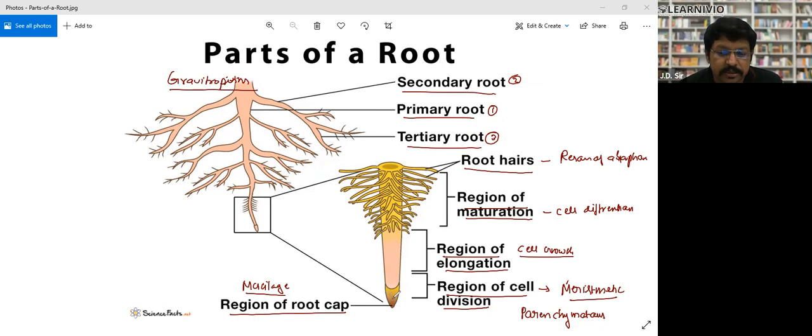Nowadays scientists explain that there are some starch granules. These starch granules give sensitivity to the root cap to go towards gravity. Please note it down. Underline this statement: cells of the root cap also possess starch granules.